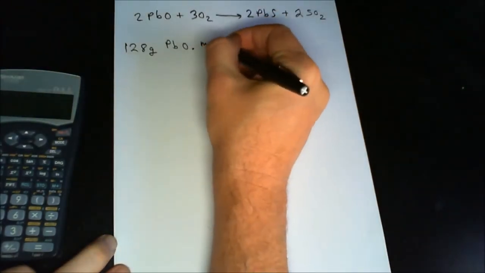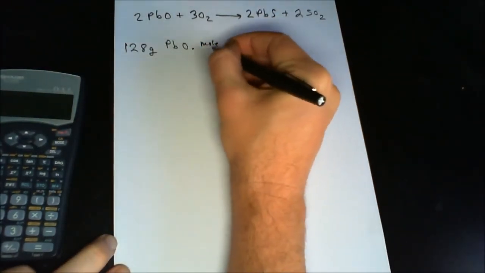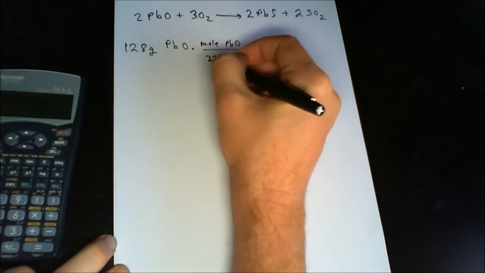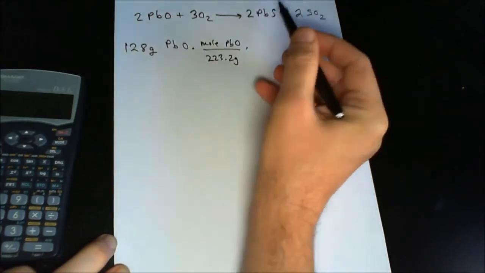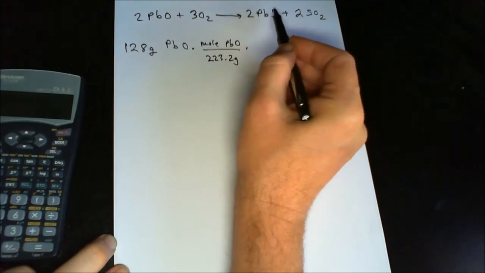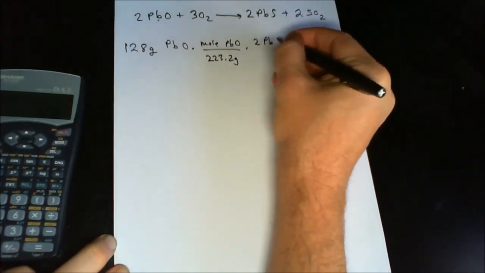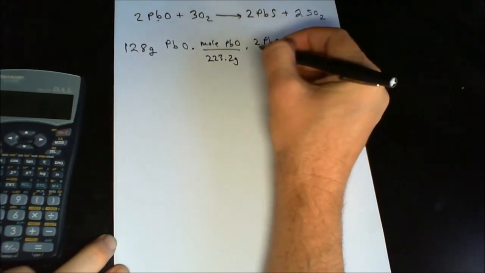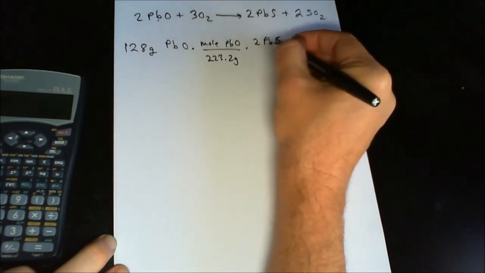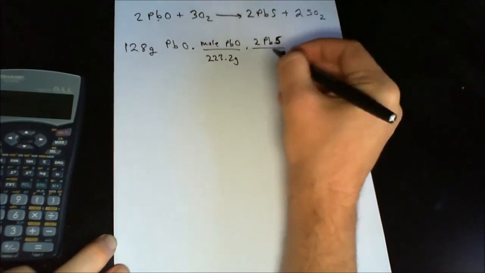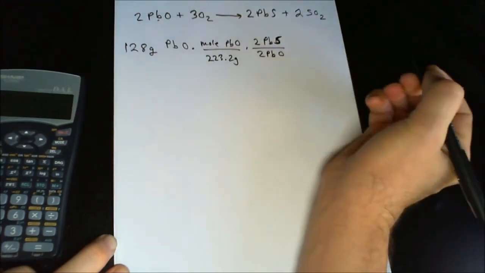So a mole of lead oxide is 223.2 grams. We need the mole ratio of lead oxide to lead sulfide, so it's 2 lead sulfides for every 2 lead oxides.